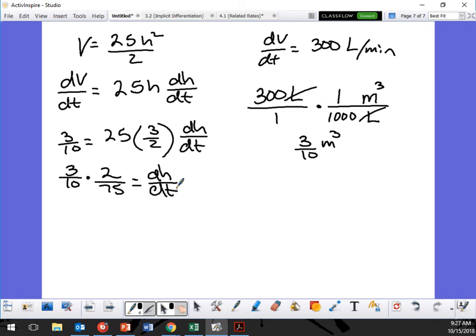Okay, because I multiplied it on this side, then to the other side, multiply by the reciprocal. So dividing is multiplying by the reciprocal, right? All right, so now right here, I could do some canceling. So let's cancel that. That's a 5. Cancel that, and that's a 25. So now it's going to be 1 over 125 is equal to dh/dt.